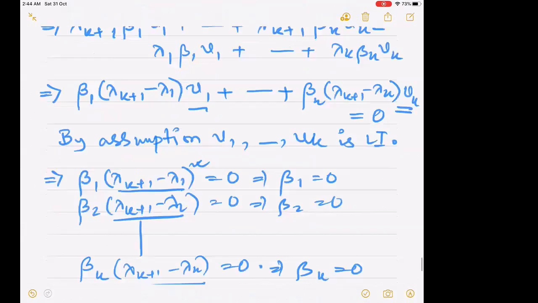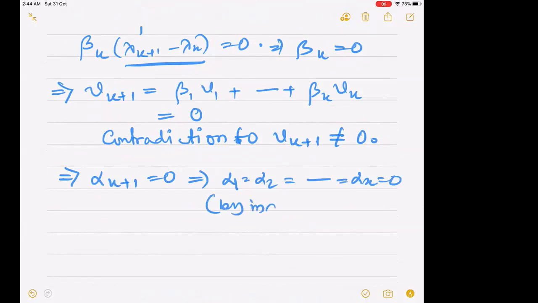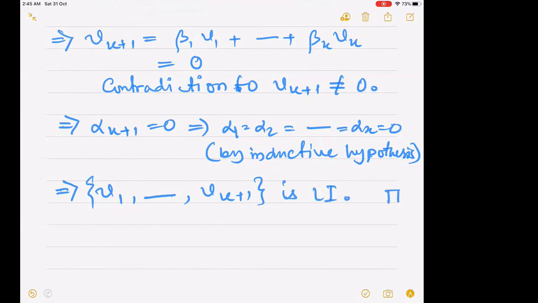So alpha k plus 1 is equal to 0, but that implies alpha 1, alpha 2 dot dot dot up to alpha k is equal to 0 by inductive hypothesis, which then means all the coefficients are 0. So v1 to vk plus 1 is linearly independent, and that's what we wanted to prove. So by induction we are done.